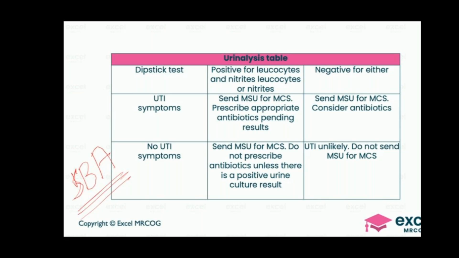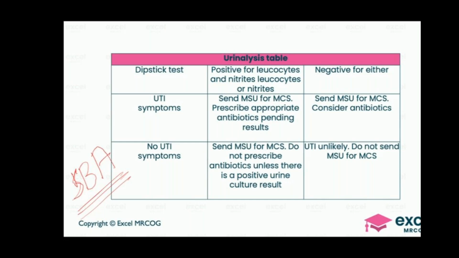And if there are no symptoms of UTI and the urine dipstick that she has done is negative for either leukocytes or nitrites, you need not consider it to be UTI at all, and you need not send her midstream urine for culture at all. Is this very clear to everyone? Because I have a question.